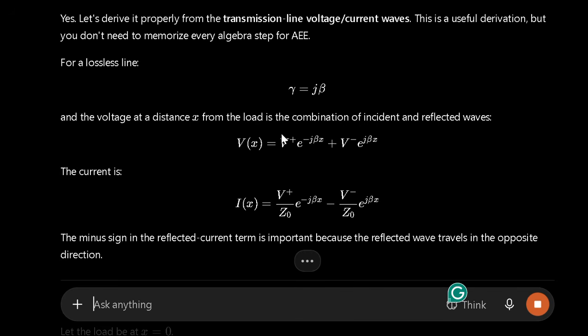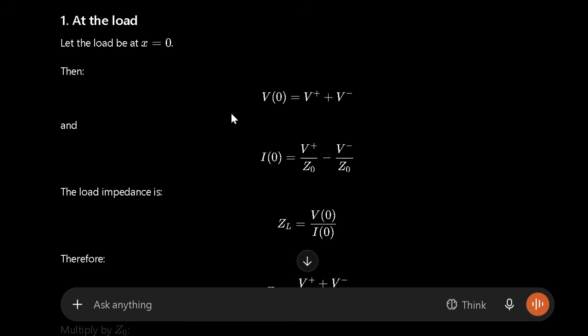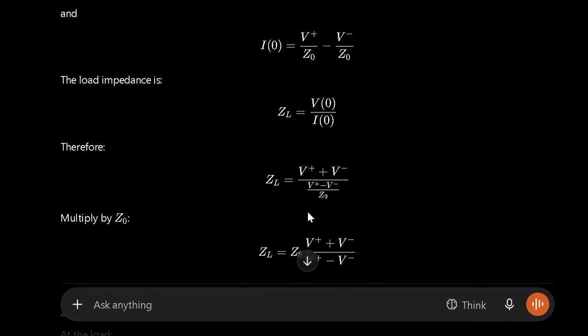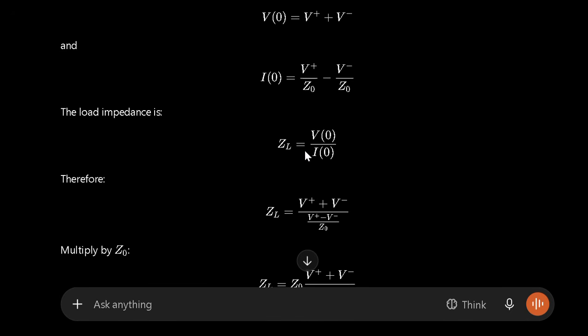Here look at this. For the incident wave, V plus e to the power minus J beta z, and for the reflected wave, V minus e to the power J beta z. The current we can say is V by Z0. Then by substituting these values, ZL equals V by I, right?